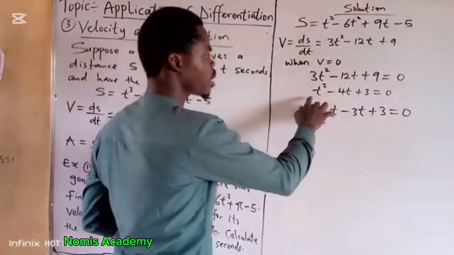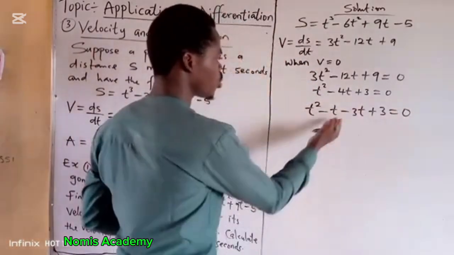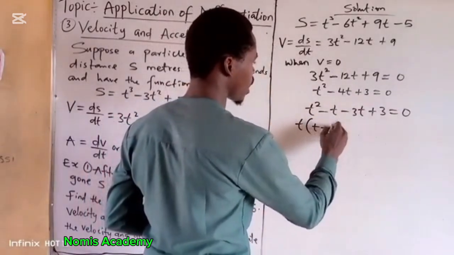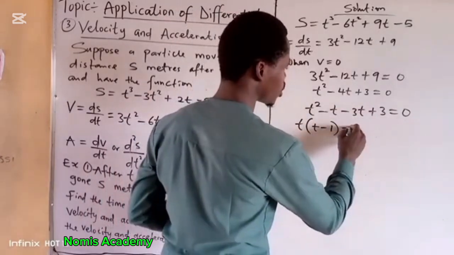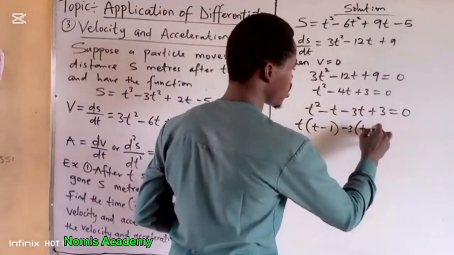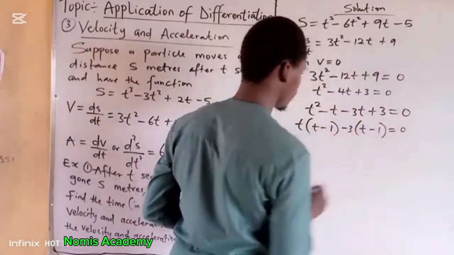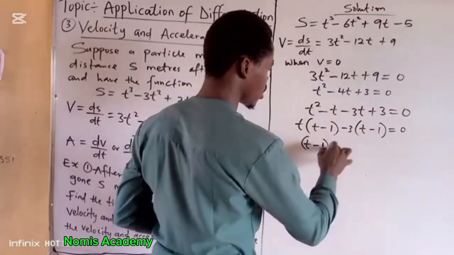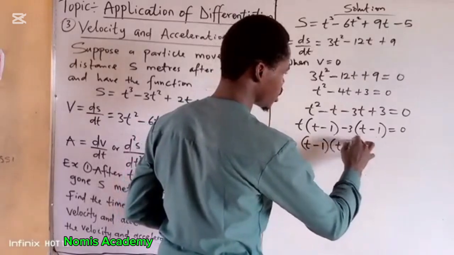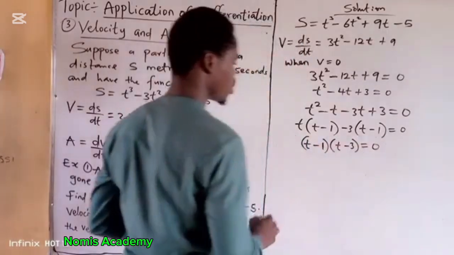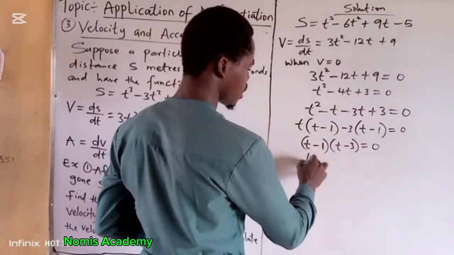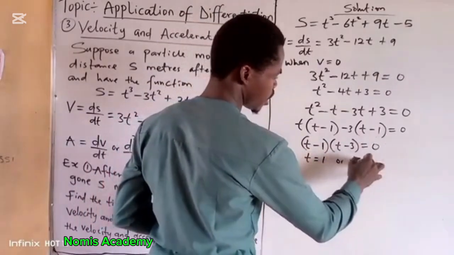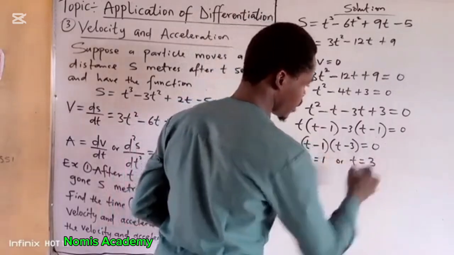We are trying to factorize the quadratic equation. So pick the first two. What is common is t, t into t minus 1. And then for the next two, minus 3 is common, which is t minus 1, equal to 0. So we have t minus 1 and t minus 3 equal to 0. So in this case, t is equal to 1 or t is equal to 3.